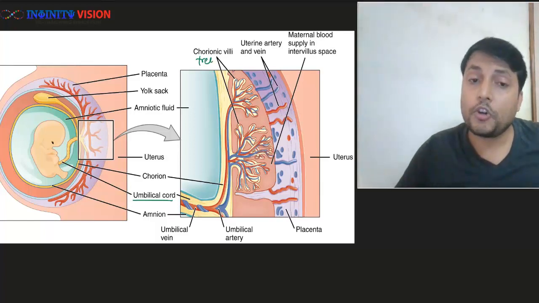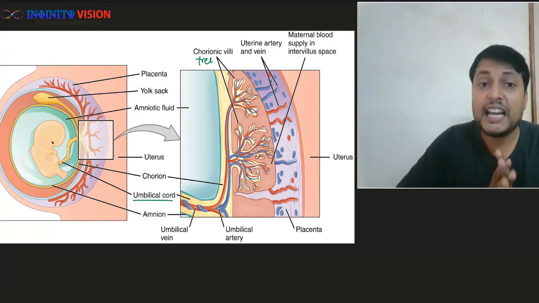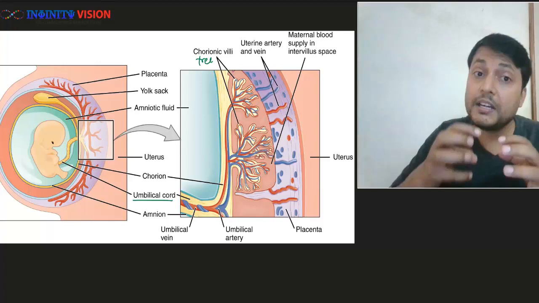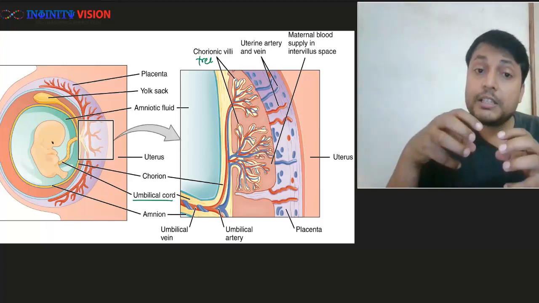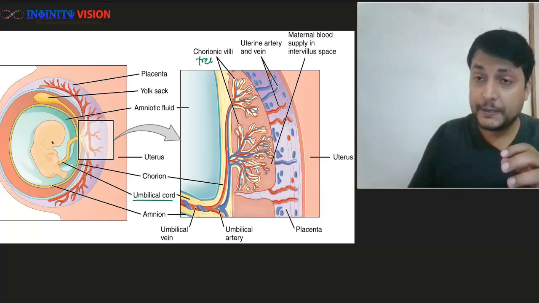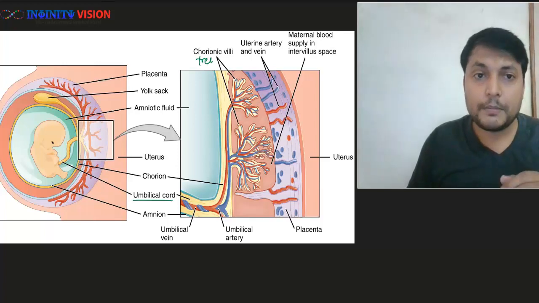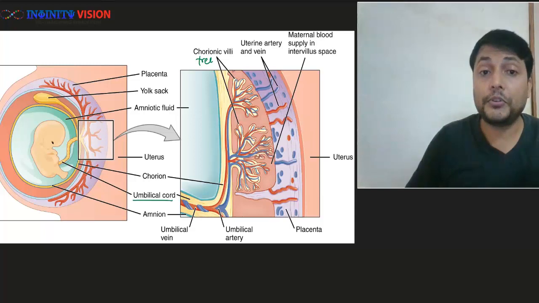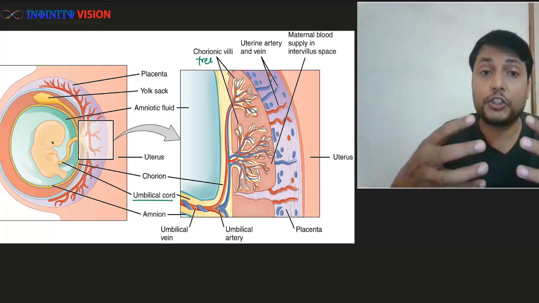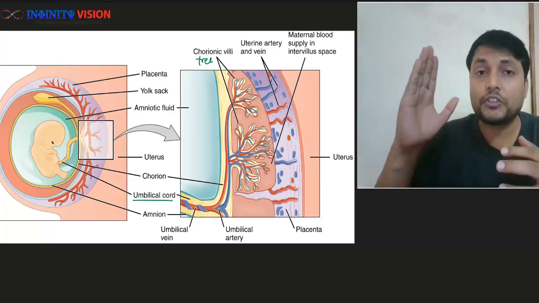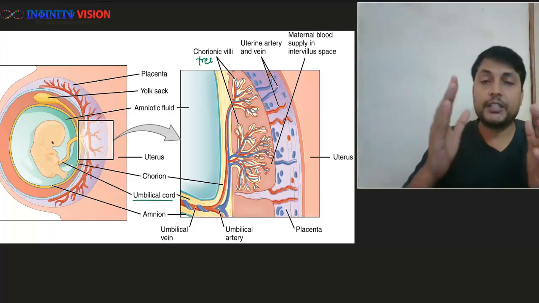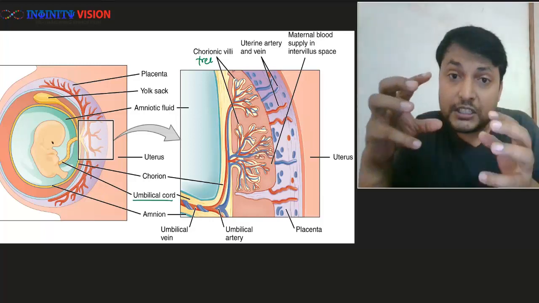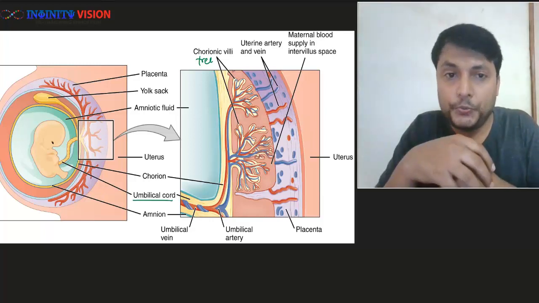Now this chorionic tree-like structure is highly vascular and branched, and it is made up of the blood vessels from the fetus, right? So it is made up of the blood vessels from the fetus. Remember, beta, chorionic villi is a fetal structure. It is not a maternal structure. See, when the placenta forms, beta, the placenta is made up of both fetal tissue and the maternal tissue.